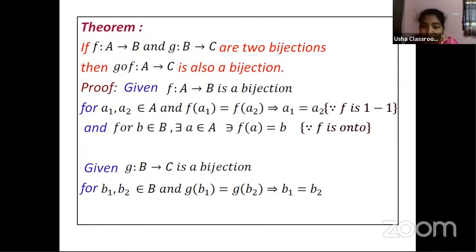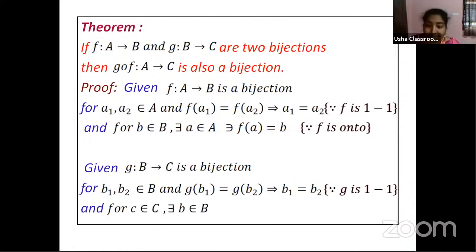Why so? Because G is a 1, 1 function. All right. Then G is also onto. So for C belongs to C, there exists B belongs to B such that G of B is equal to C. Why? Because G is an onto function.